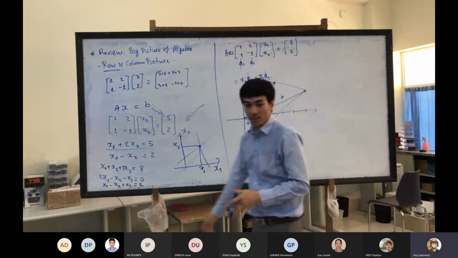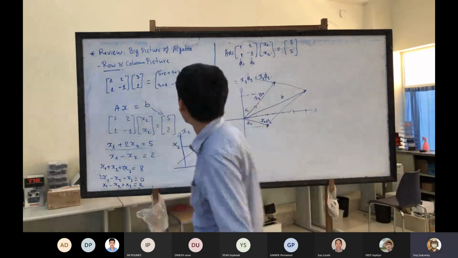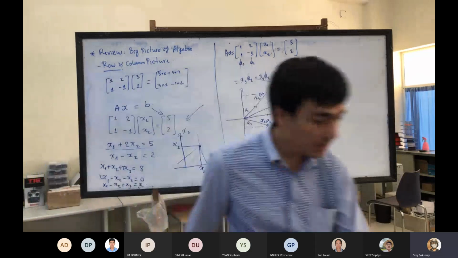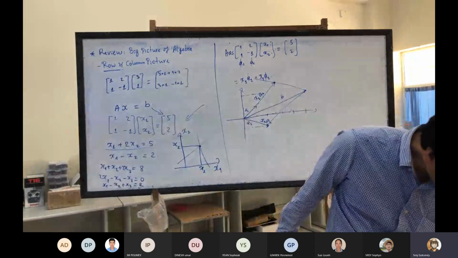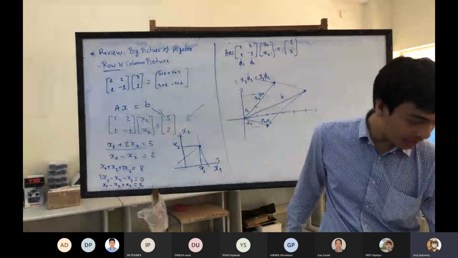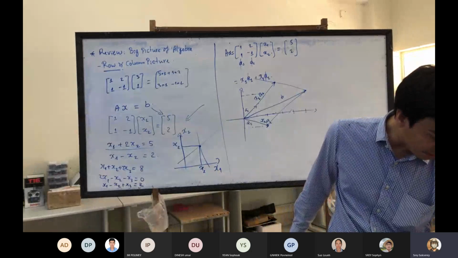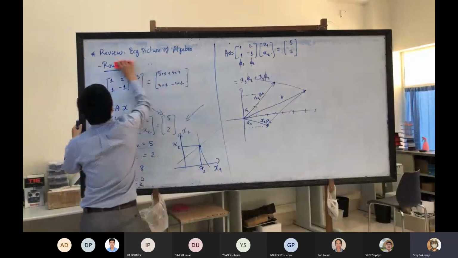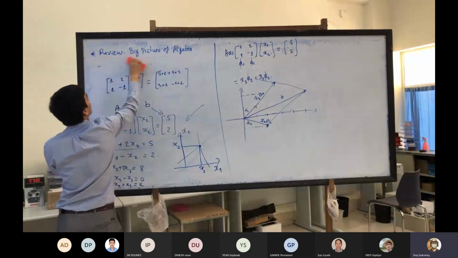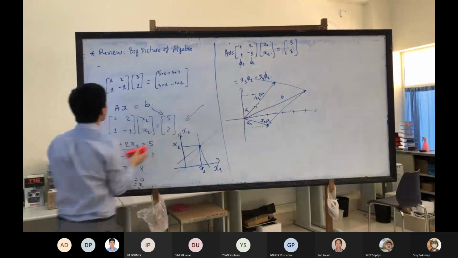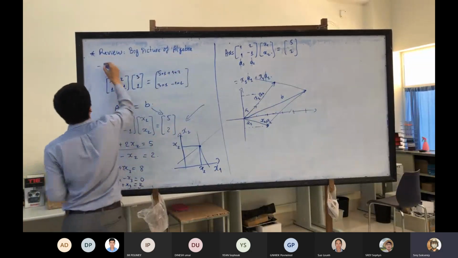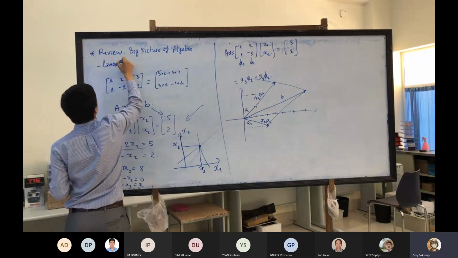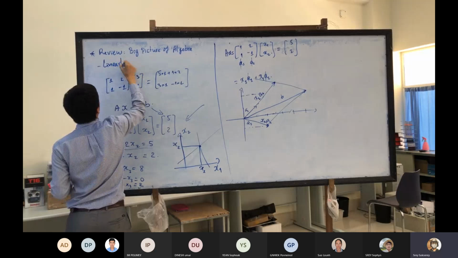So now you got a picture of row and column. My next point is about square matrix, and inside the square matrix, we talk about linear independence. Okay, so next is linear independence.